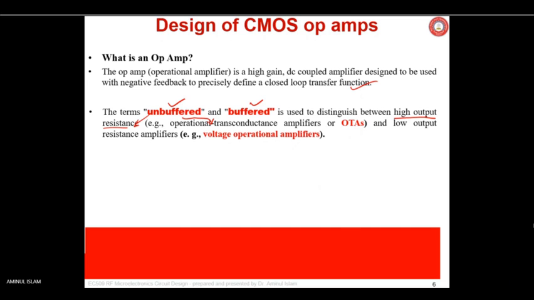Whereas a buffered or low output resistance amplifier is called a voltage operational amplifier. Will you remember these definitions? Yes, sir, we will.